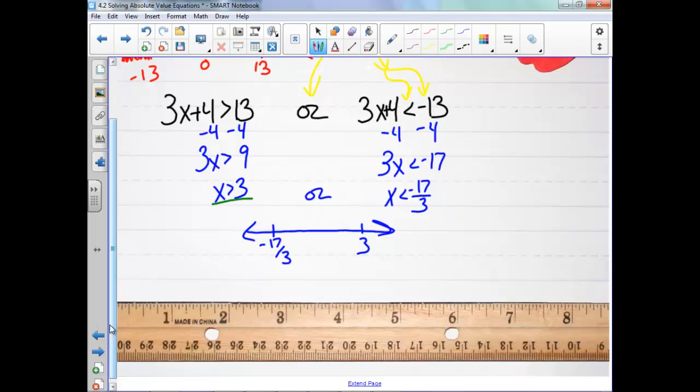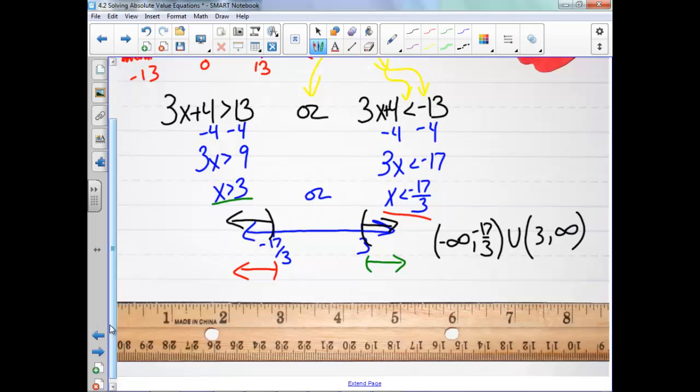Graphing this first one, second one, and remember it's or, so it's where there's one or the other. So we'll have from negative infinity up to negative 17/3 union with 3 to infinity.